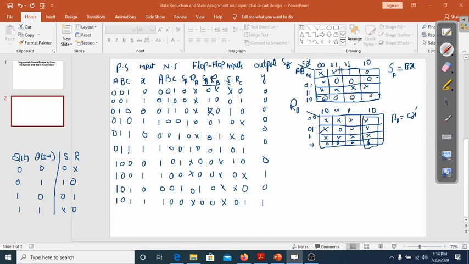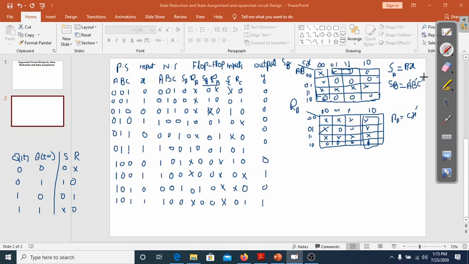These two boxes are adjacent, so after solving this I will get SB equal to A complement B complement. Here X prime will cancel with X, so I get A complement B complement and C complement.